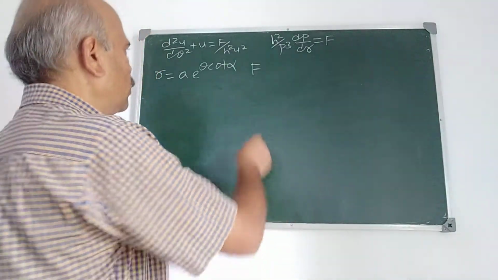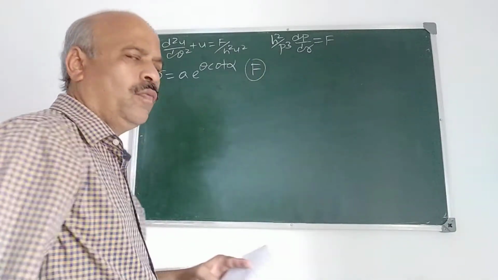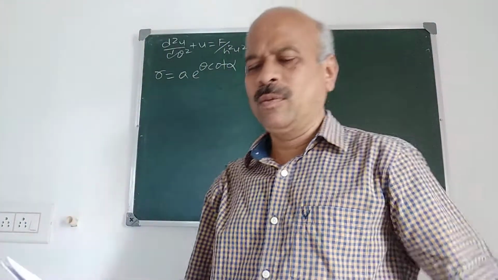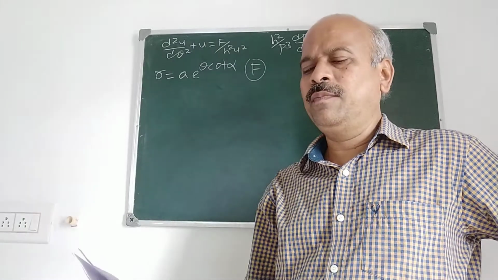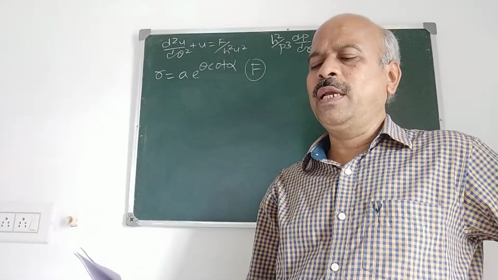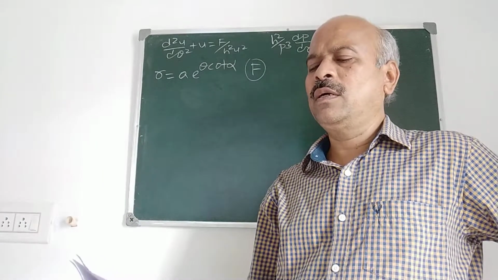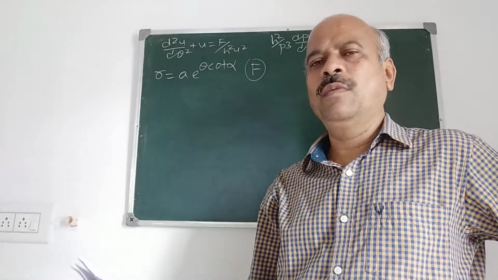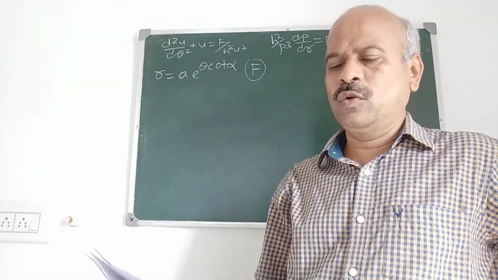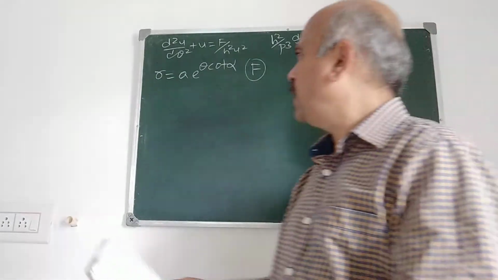Find the law of force. I repeat, this problem is: a particle describes the equiangular spiral r is equal to a e raised to theta cot alpha under a force capital F to the pole. Find the law of force. F you have to find out.